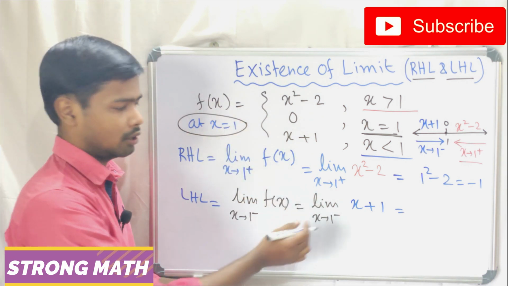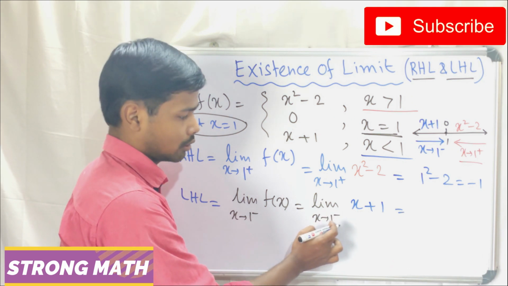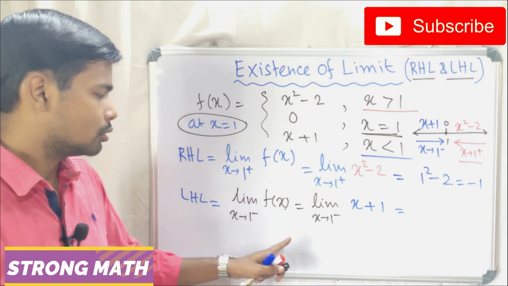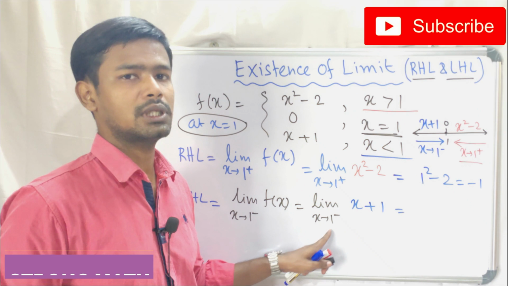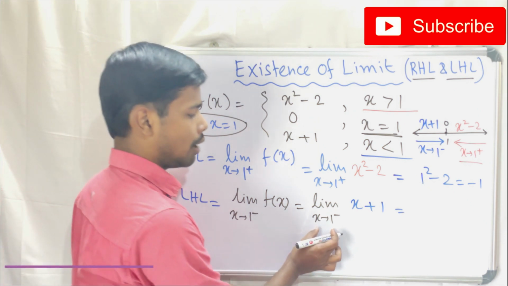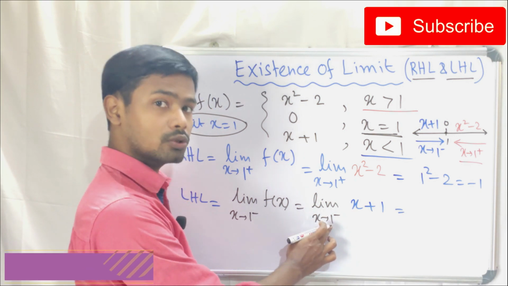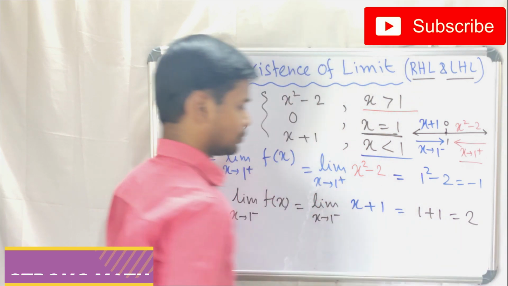Don't put minus 1 here. Sometimes you make a mistake by putting the negative sign of the point here. Don't make this mistake. You have to put the value of x as 1 here. So 1 plus 1 equals 2.